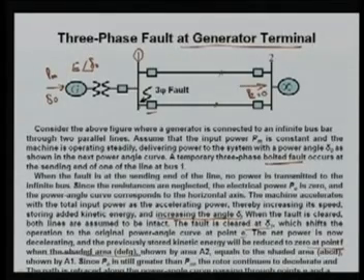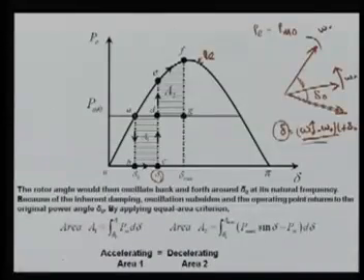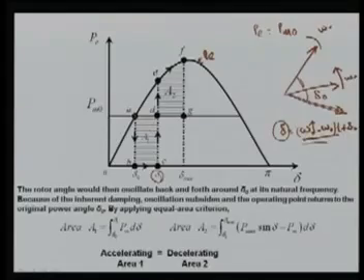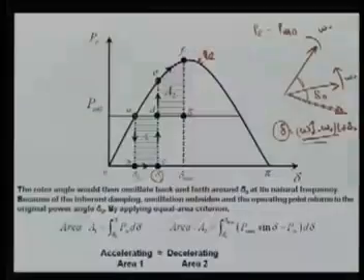This happens when the shaded area, shown as area 2, equals the area shaded in A, B, C, D. Now you can see this area A1, as I said, is your oscillating power, where your machine is oscillating and storing kinetic energy. Now once this kinetic energy is stored in the machine, what is happening at point E?